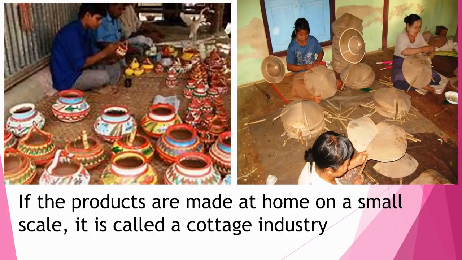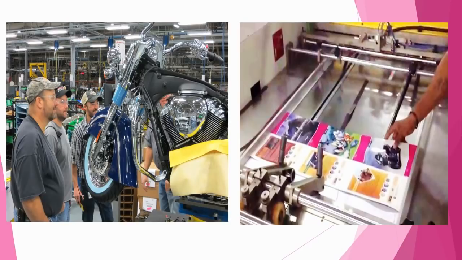Students, some factories are big. Many people work there with the help of machines. Your school bus, bicycle and paper for your textbook and notebook are all products made in factories. Students, factories were necessary because the machinery was expensive, large, needed power and was operated by many workers.